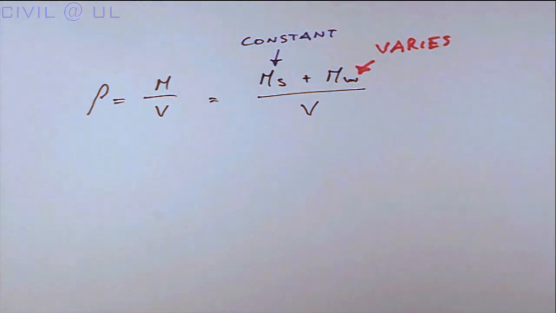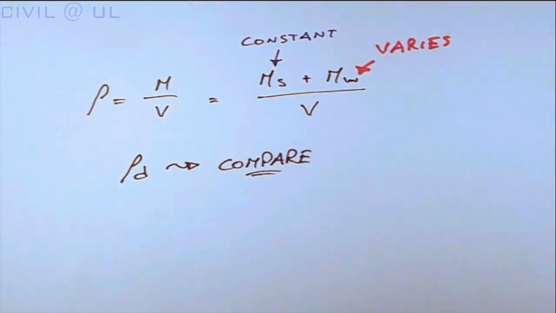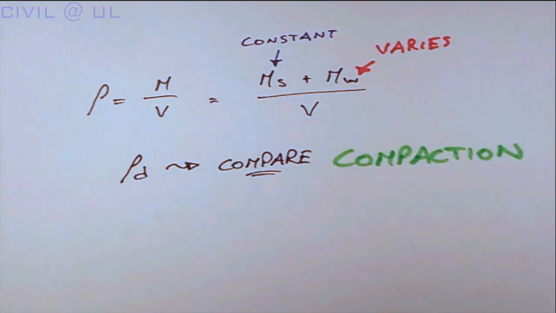Therefore, specifying compaction on the basis of dry density allows us to compare increases in density as a result of compaction. A similar comparison is not possible using the bulk density, as changes may be due to increases in the moisture content rather than densification due to compaction.